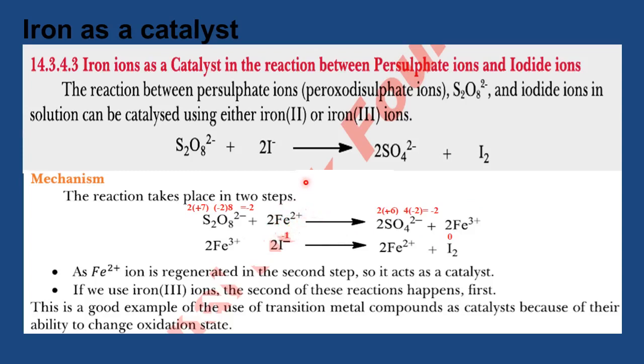Therefore, the oxidation state is changed from +7 to +6 as it is getting reduced. So over here Fe2+ ions themselves get oxidized and act as a reducing agent.